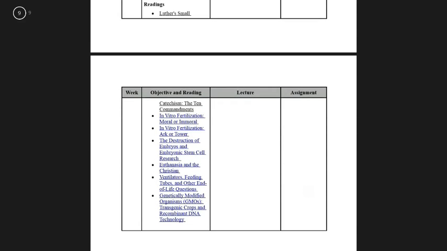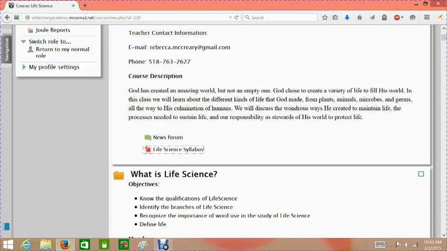And then in week 12, talking about a bunch of different things: in vitro fertilization, stem cells again, euthanasia, ventilators and end-of-life questions, and then genetically modified organisms and the progression towards, if we have the technology, is it reasonable, is it ethical to use it for enhanced humans in the future. So that's what we'll be talking about throughout the course of the class.